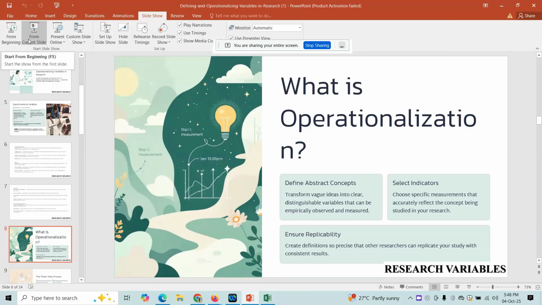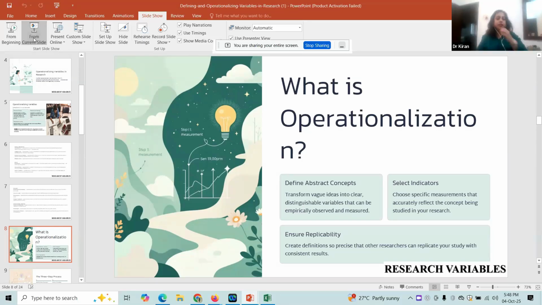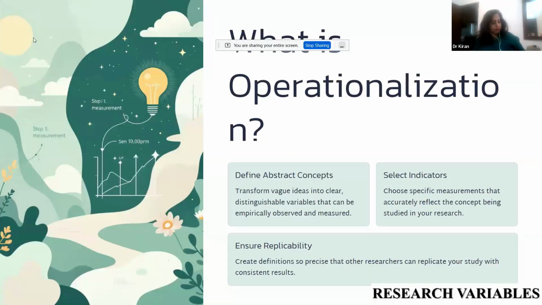Yes, madam. Sorry. So there is one particular phenomenon which is being presented in this particular slide. It talks about the indicators. Now, when we choose any specific measurement which will reflect the concept or which will measure the concept clearly, we call it the indicator.